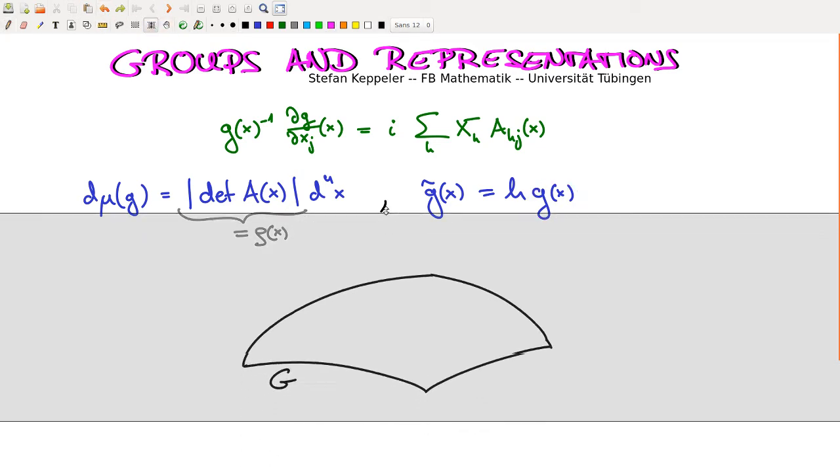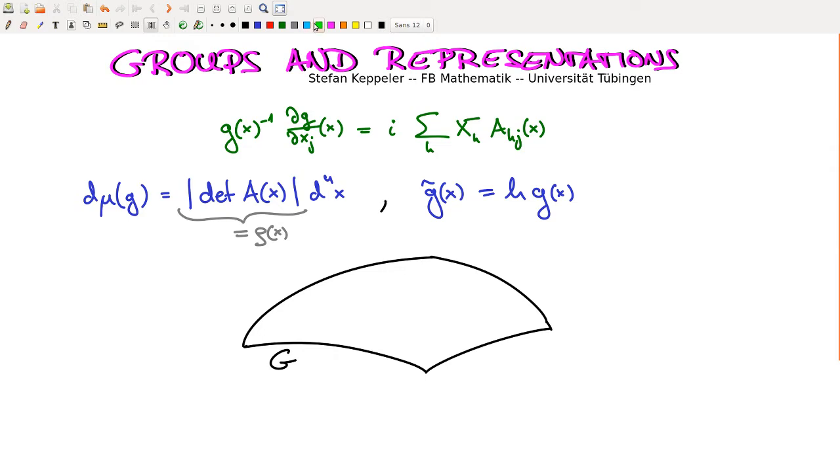So what do we mean by this? If this is our group manifold, then maybe we've introduced some coordinate system here in a neighborhood of g of 0. And with this h, we can translate this somewhere else. So maybe we now have a coordinate system here in a neighborhood of g tilde of 0, which is just h times g of 0.